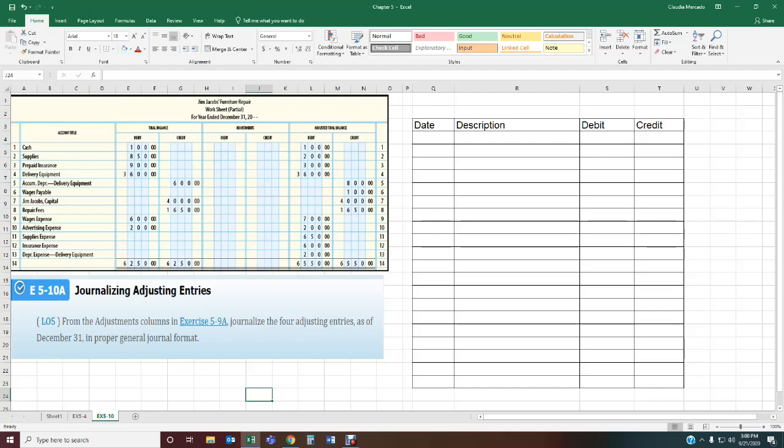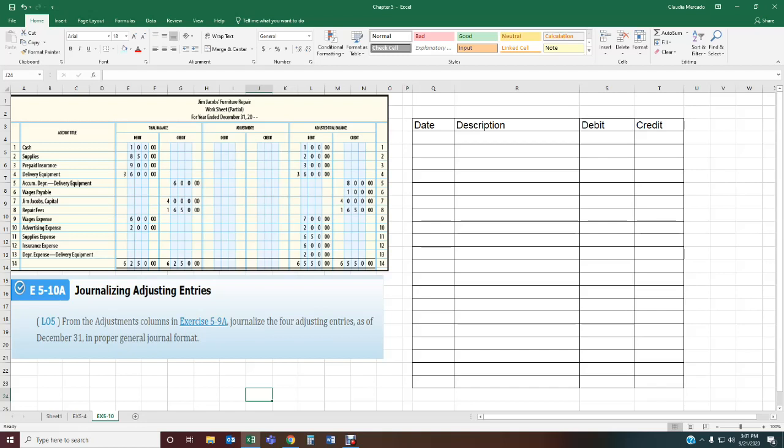What I'm going to do is compare my trial balance to my adjusted trial balance. If my numbers are the same, then there is no adjustment. If my numbers are different, then there's some form of adjustment that needs to happen. So we have to figure out if there's an adjustment that needs to happen, and if so, by how much.